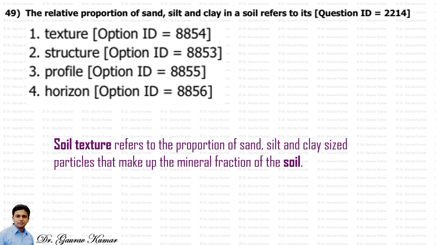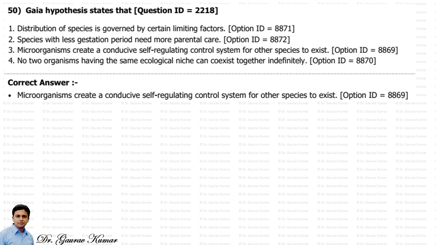Next question, Gaia hypothesis states that... they have given the answer, microorganisms create a conducive self-regulating control system for other species to exist. Although the Gaia hypothesis is applicable to other organisms also, for microorganisms this is the exact hypothesis.